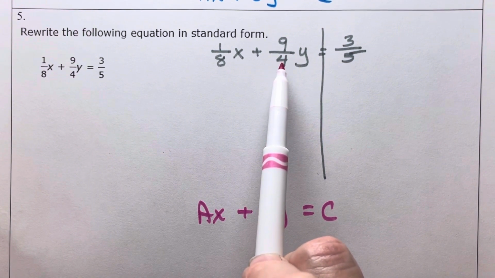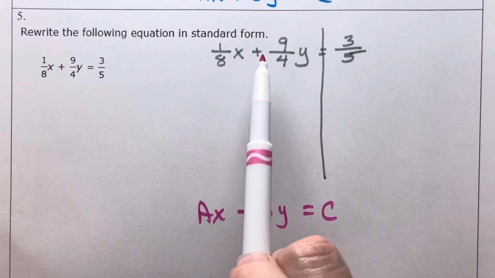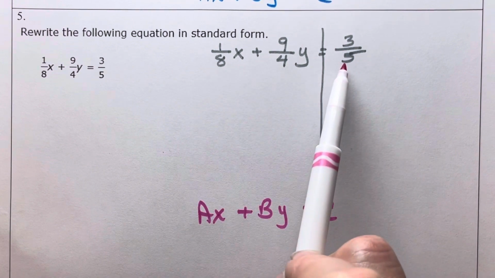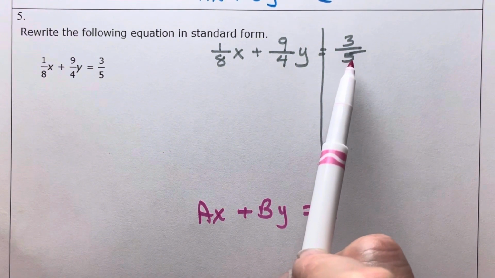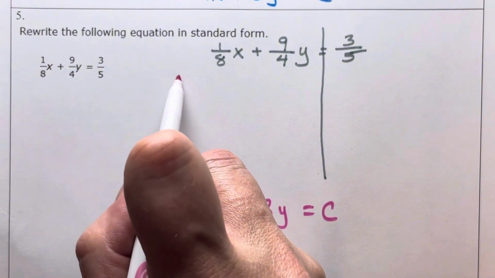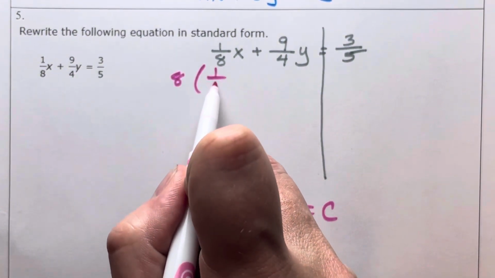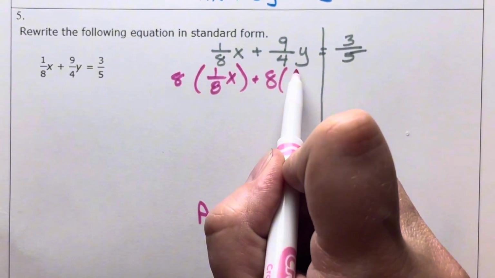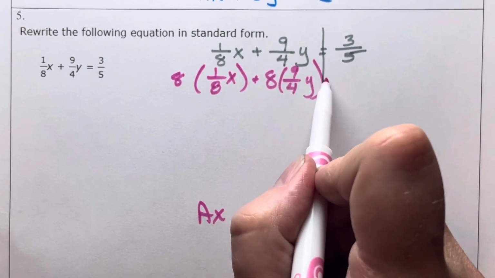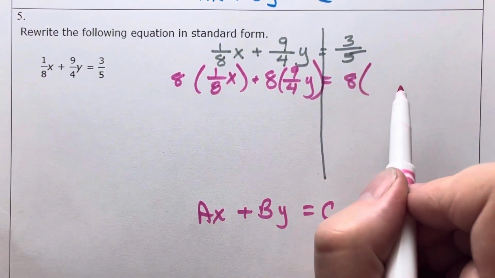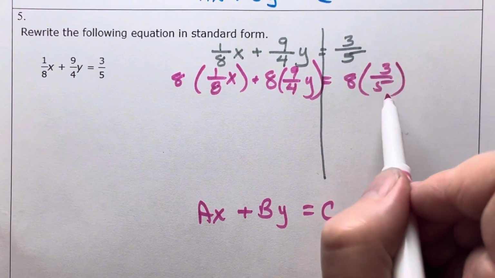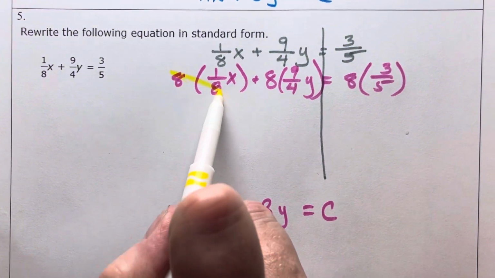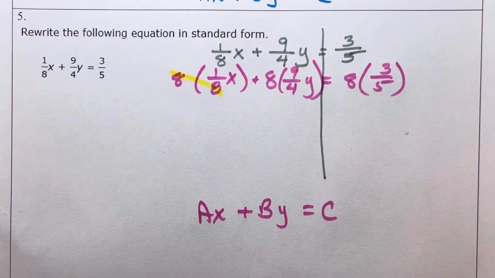So we are going to multiply all 3 terms by our largest denominator first and see just how many fractions that gets rid of. So we have 8 times 1/8 x plus 8 times 9/4 y equals 8 times 3/5. All right. So what that does for us is these 8s cancel out there at the very beginning, which is great.